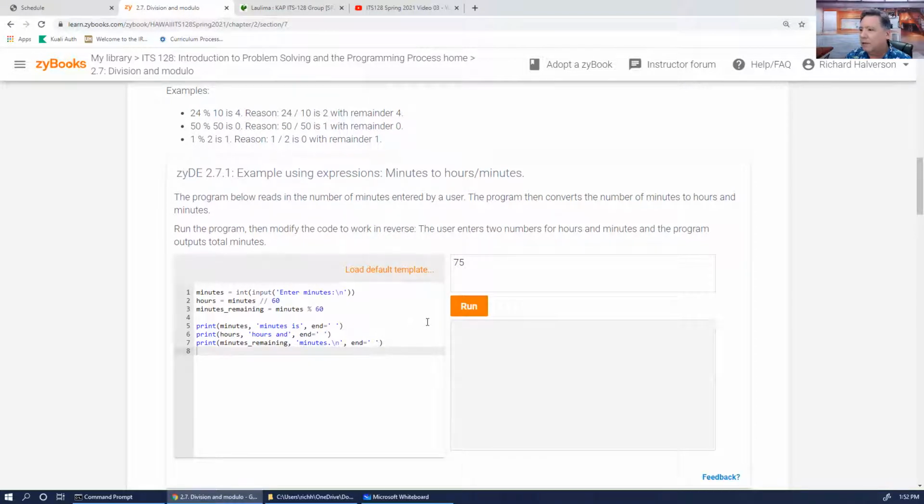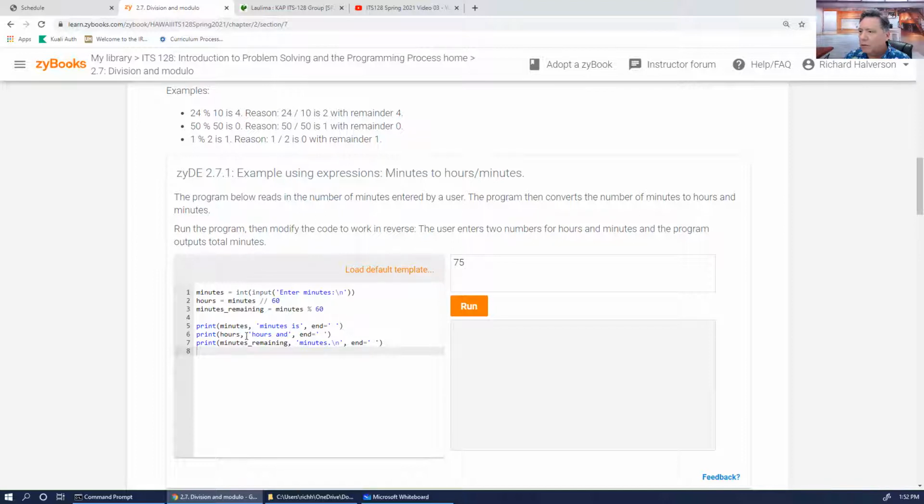This is a nice example on converting minutes to hours and minutes. The program below reads the number of minutes entered by the user and converts it to hours and minutes.